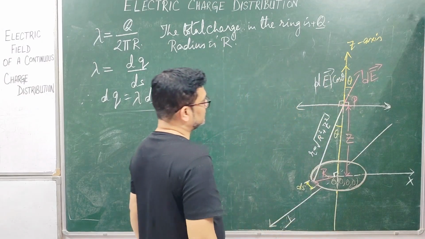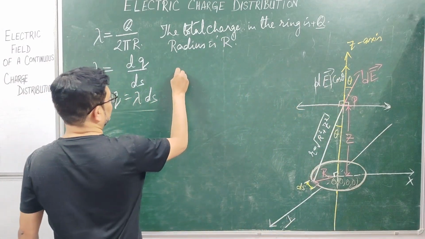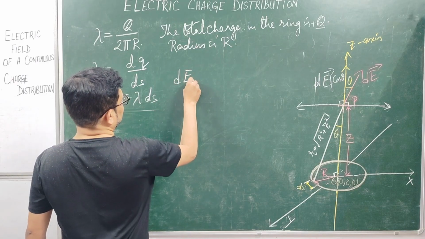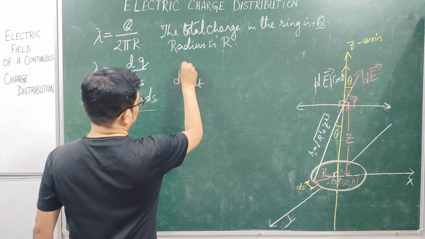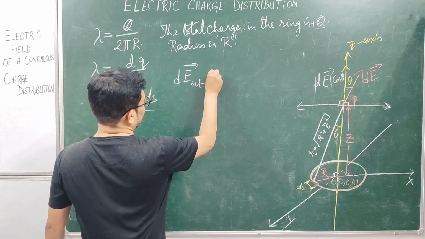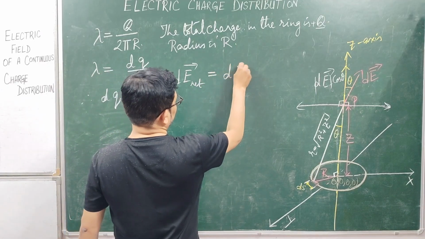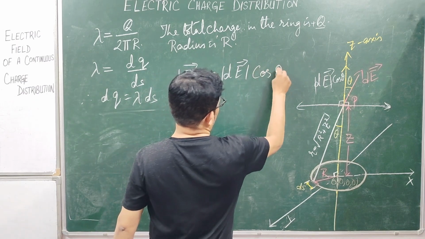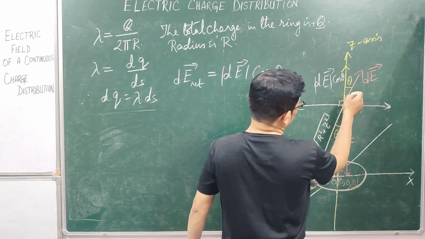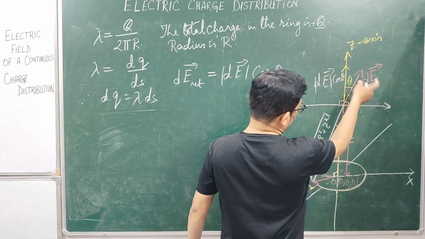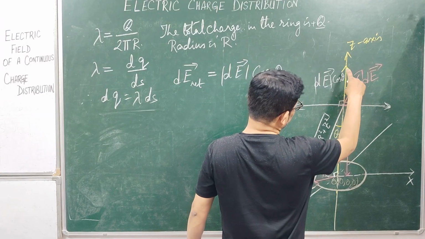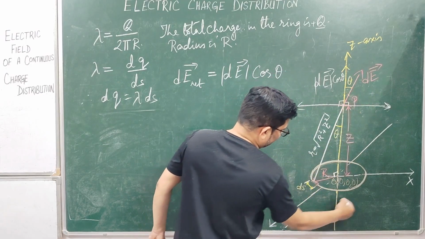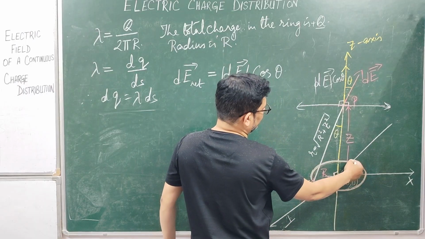So the net elemental dE net is going to be equal to the magnitude of dE cos theta. Why? Because this component of dE, which is lying in the plane, is going to add up if you go around this ring.